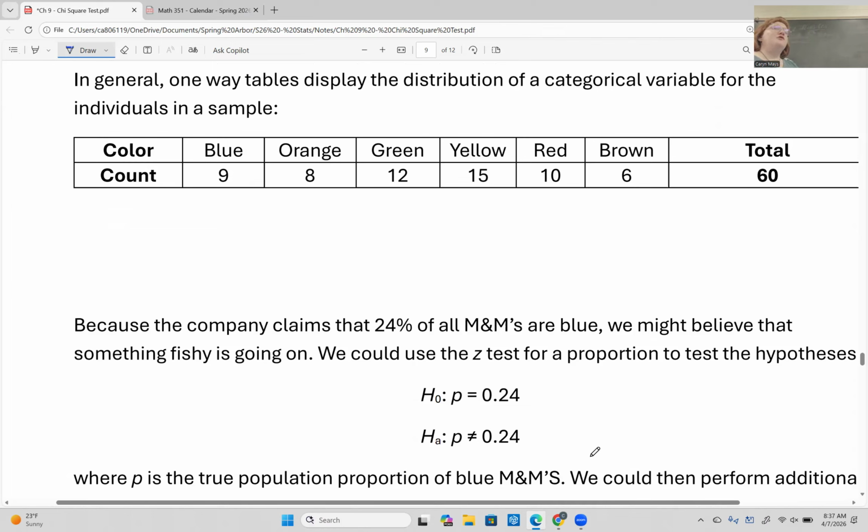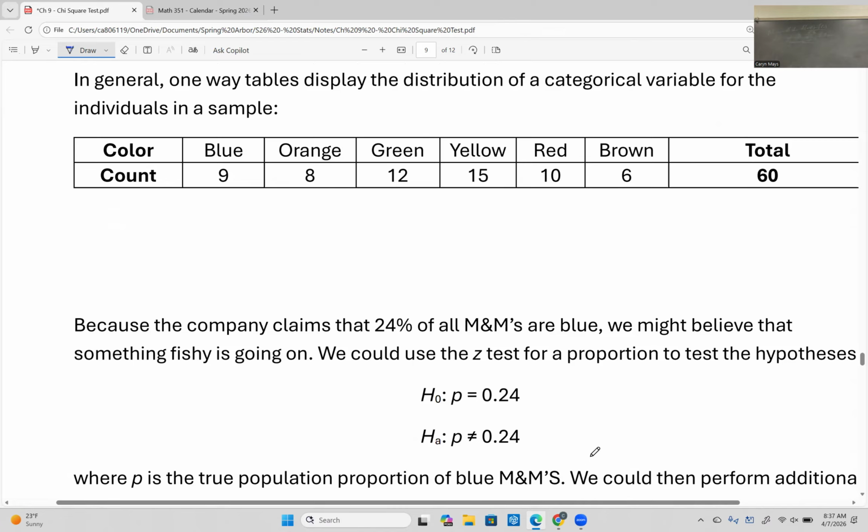And so we could be using some past information and say, I want to test the proportion that 24% of M&Ms are blue, with the alternative hypothesis that's wrong.